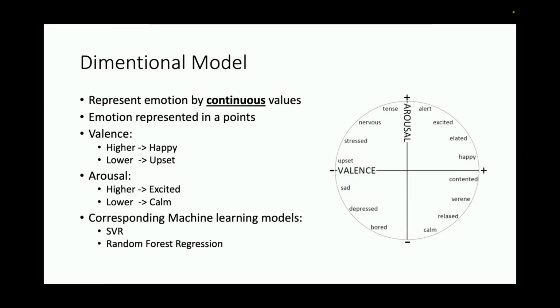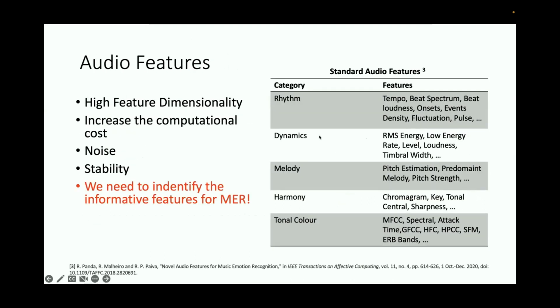Before we model the emotion, we need to think about its music features, because currently we don't know which features are useful for music emotion recognition. We can get a clue from the standard audio features.